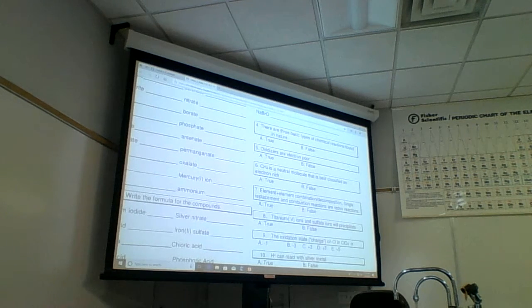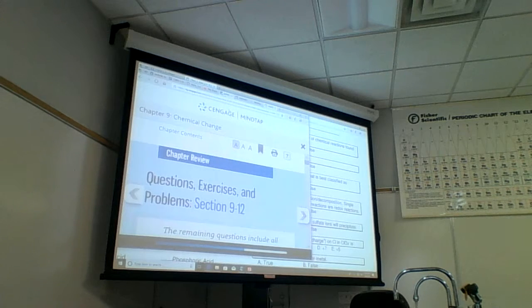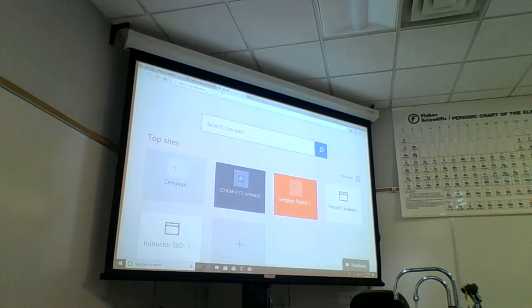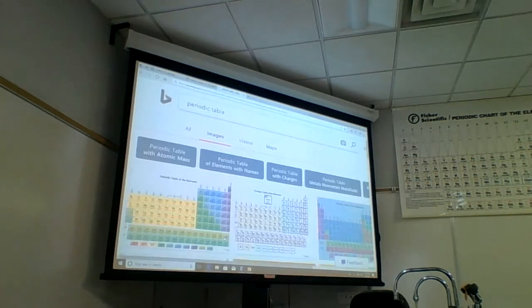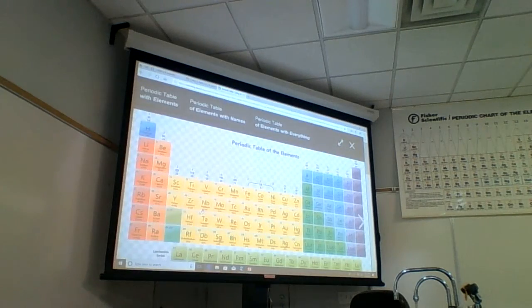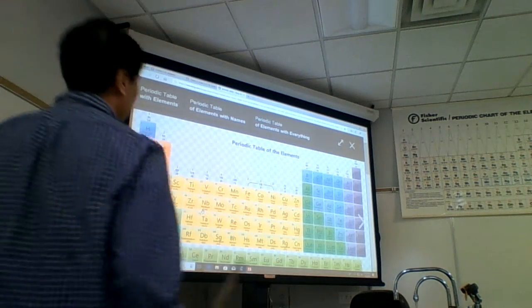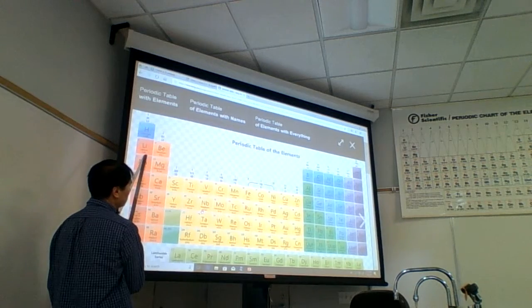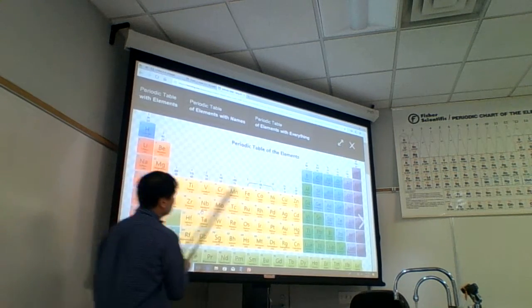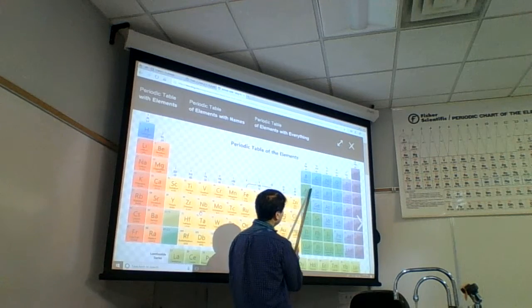If we look at the periodic table, what's the range on charges in carbon? Carbon can vary from group 1 is what? +3, +4.